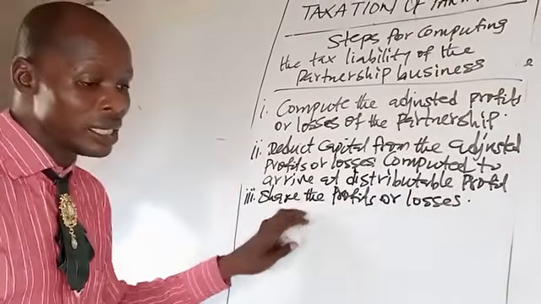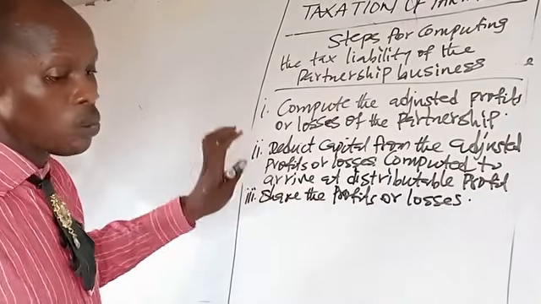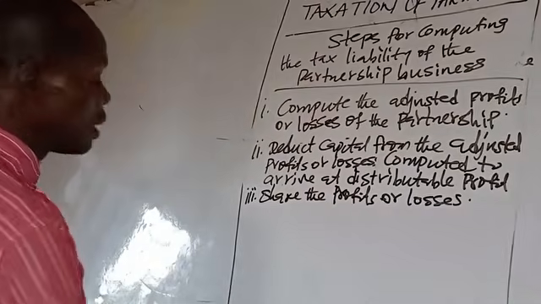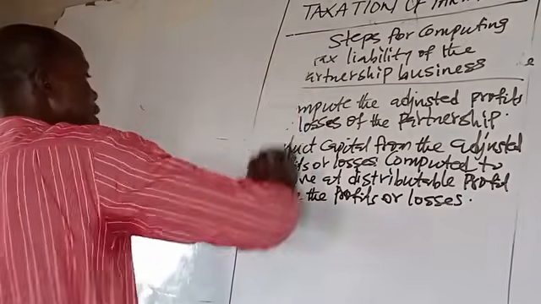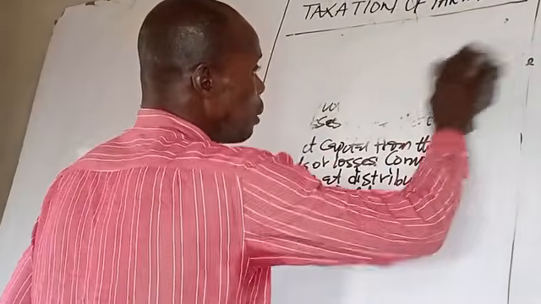So these are the steps you need to follow when you are computing your tax liability or tax payable by the partners.